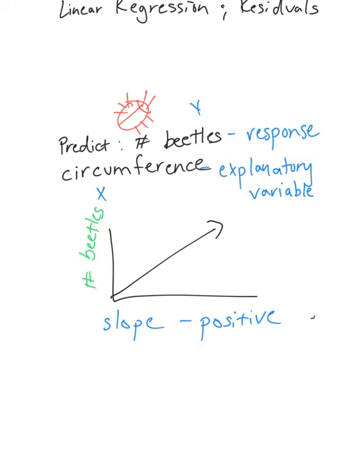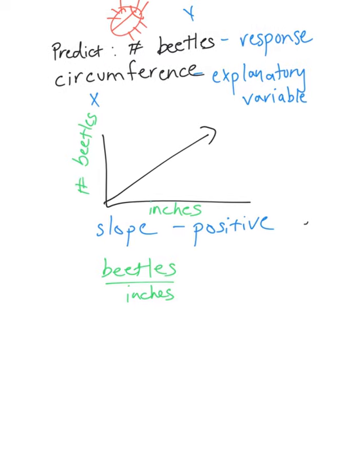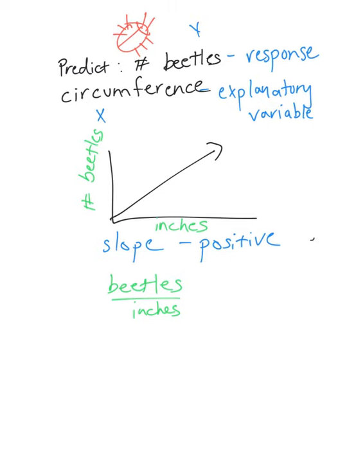Usually a circumference is in inches, so inches would be my unit. So beetles per inch would be my unit.